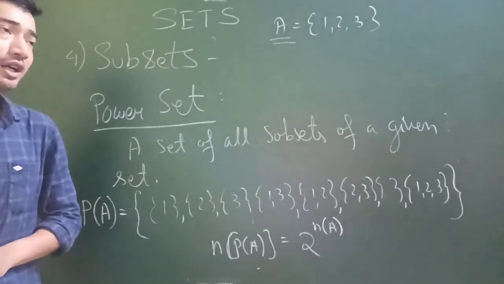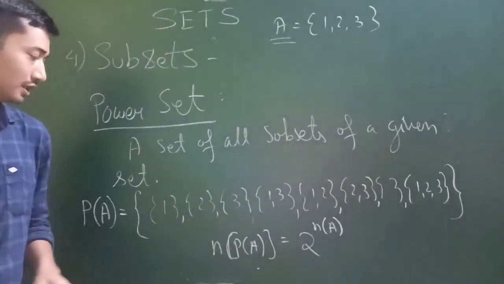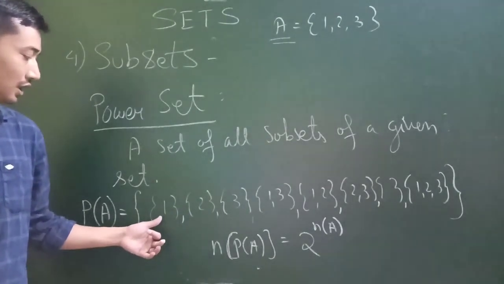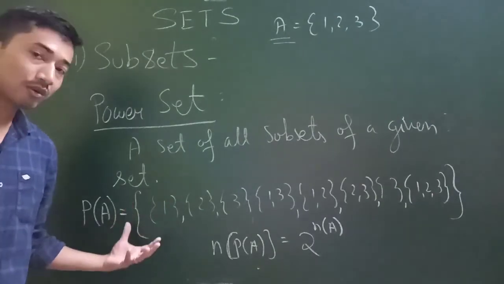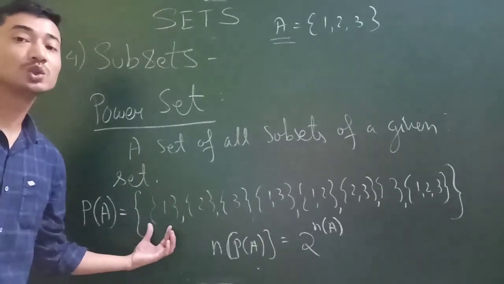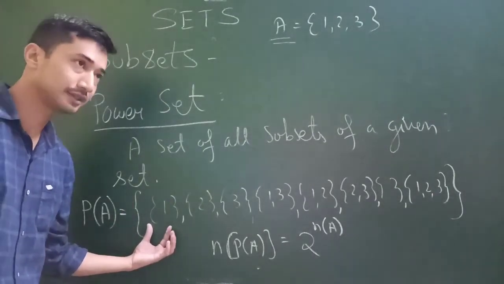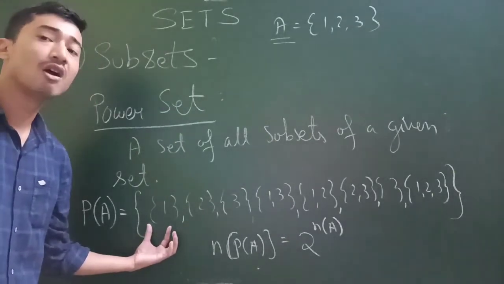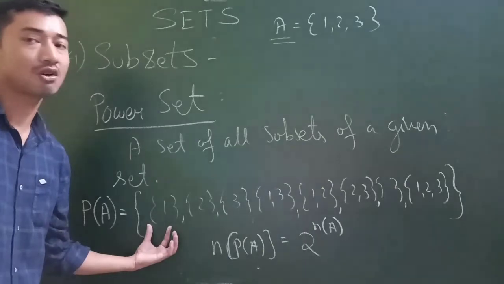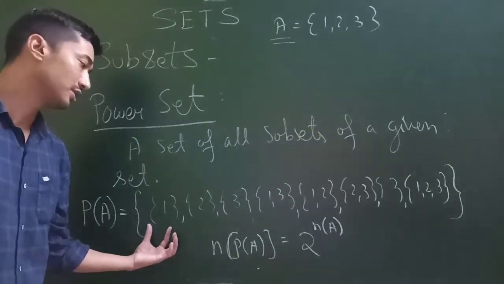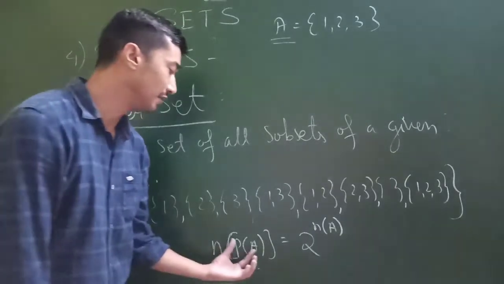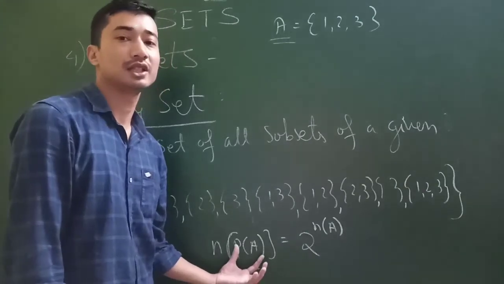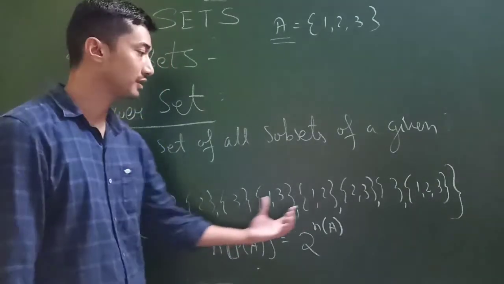One more thing I want to tell you is that in the power set, these subsets are no longer considered as sets anymore. They are just considered as ordinary elements or members. So if the question is, how many elements are there in the power set of A, your answer will be 1, 2, 3, 4, 5, 6, 7, 8.